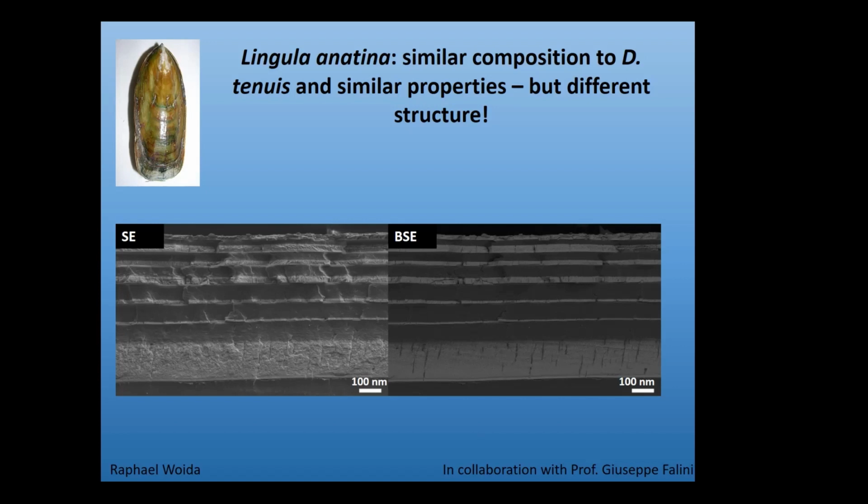It also becomes more flexible when it absorbs water. But what is interesting here is that the structure is different from the Scanisca tenuis. So we can see in this cross-section in the SEM that the shell has a layered structure alternating inorganic in bright, so the mineral, alternating with organic. So what it means is that we have similar composition, similar properties, but different structure.